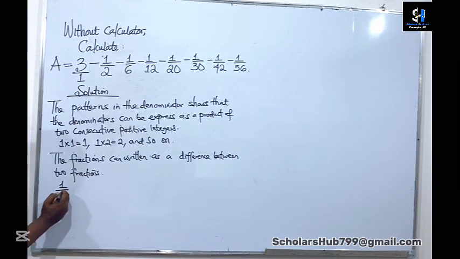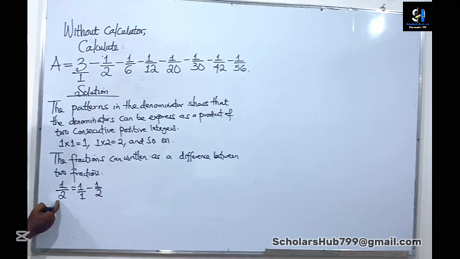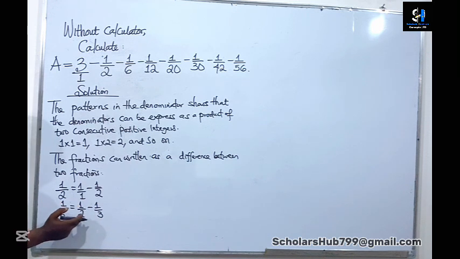So for 1 over 2, this will be 1 over 1 minus 1 over 2. Then 1 over 6 will be 1 over 2 minus 1 over 3, because 3 times 1 is 3, 2 times 1 is 2, 3 minus 2 is 1, and 3 times 2 is 6. Then 1 over 12 will be 1 over 3 minus 1 over 4.